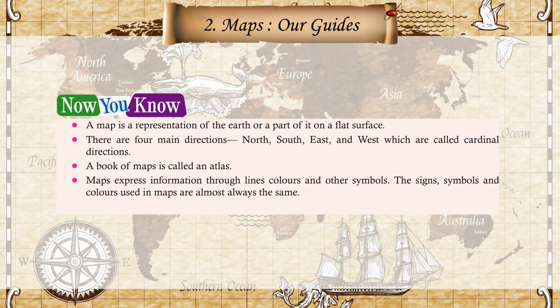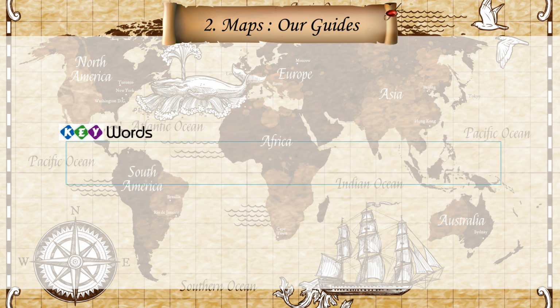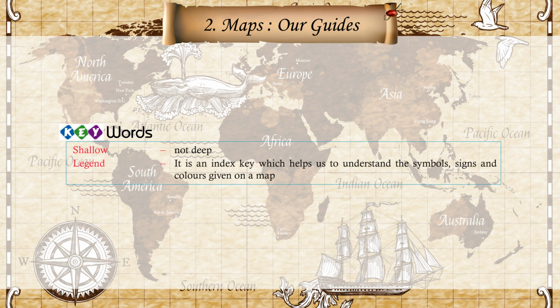The signs, symbols, and colors used in maps are almost always the same. An index key is given in every map. It is also called the map legend. Keywords: shallow, not deep; legend. It is an index key which helps us to understand the symbols, signs, and colors given on a map.